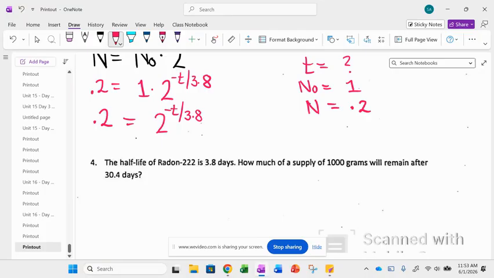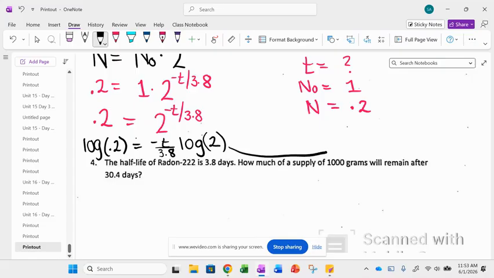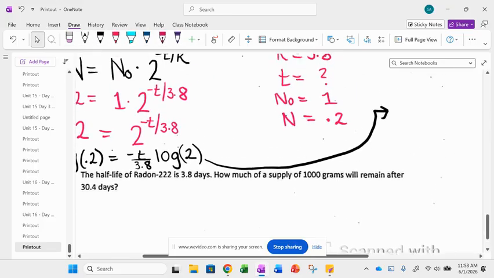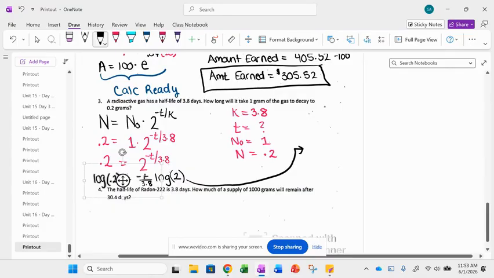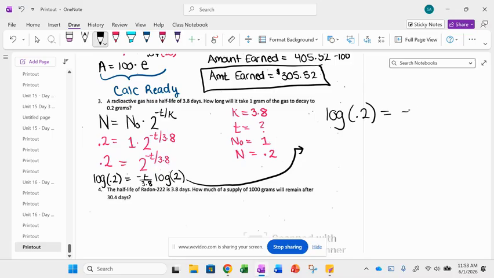Now I need to solve for T, but T is in the exponent. What do I do to get it out of the exponent? Log both sides. So we're going to have the log of 0.2 is equal to negative T over 3.8 log of 2. I'm going to rewrite it: the log of 0.2 is equal to negative T over 3.8 times the log of 2.